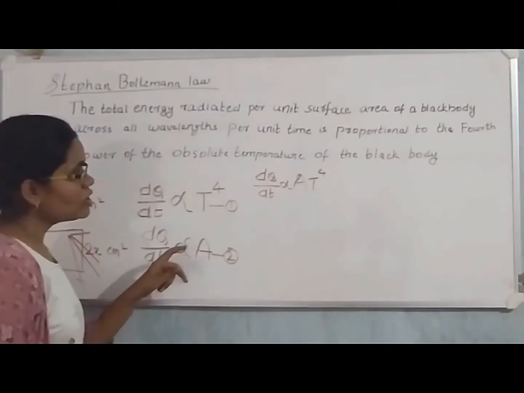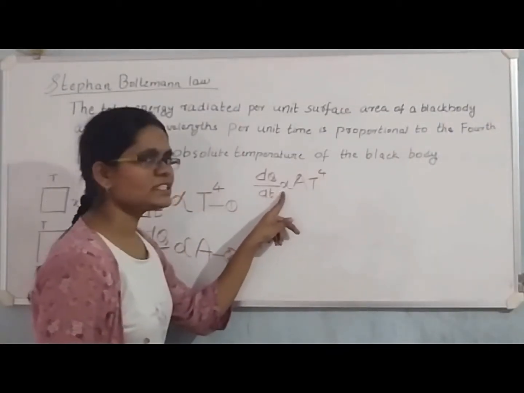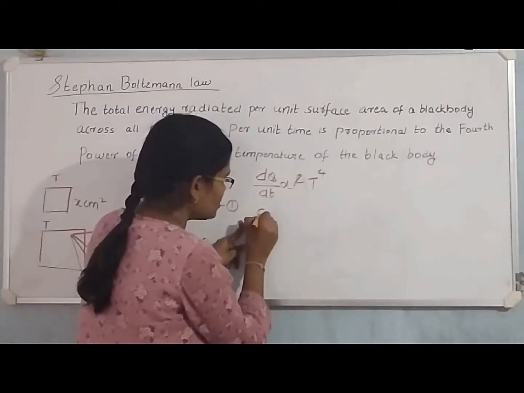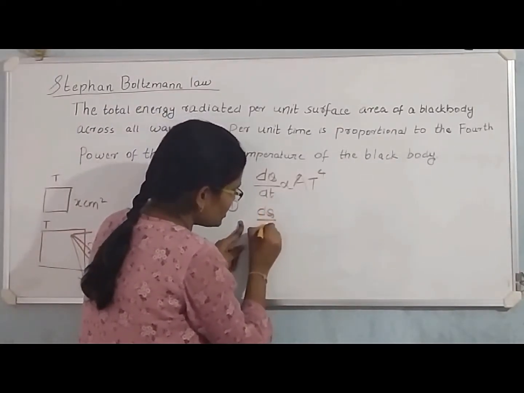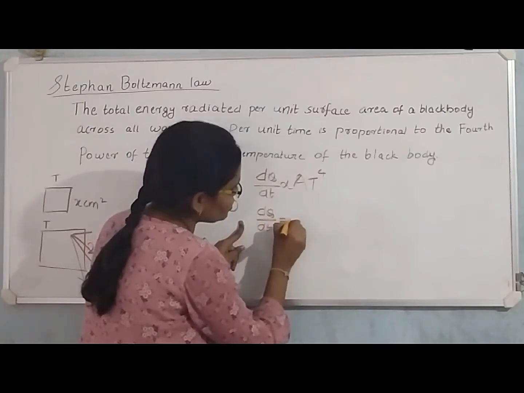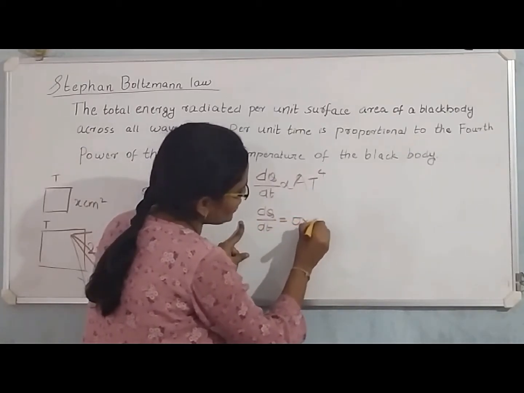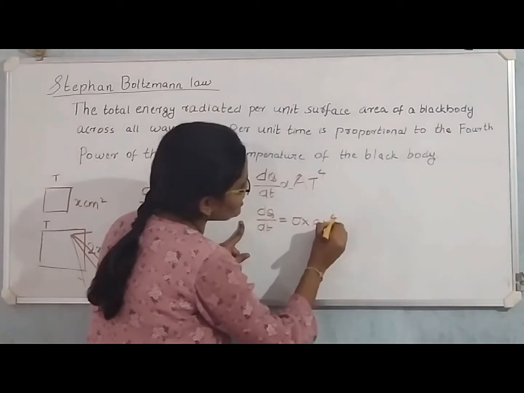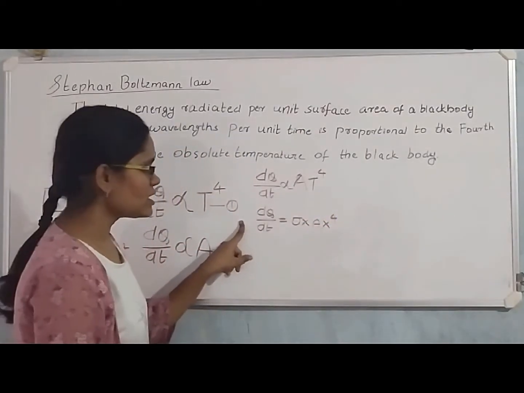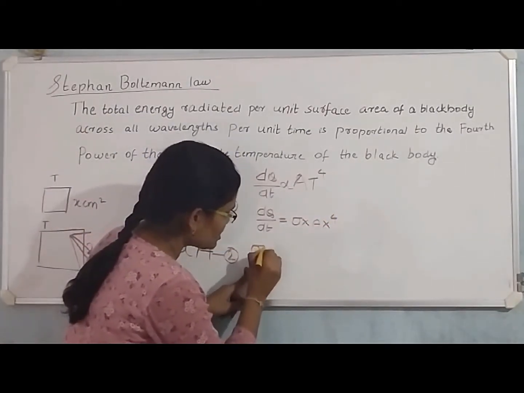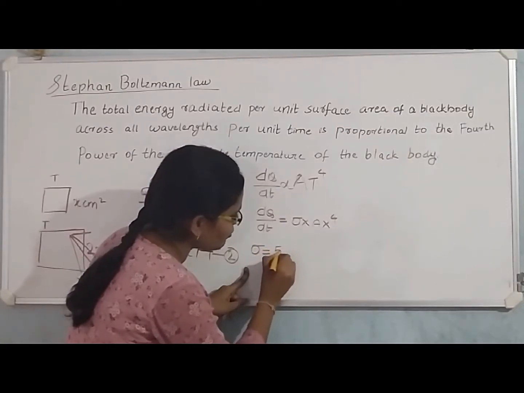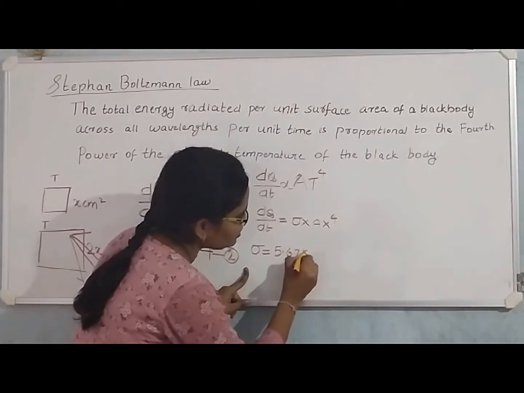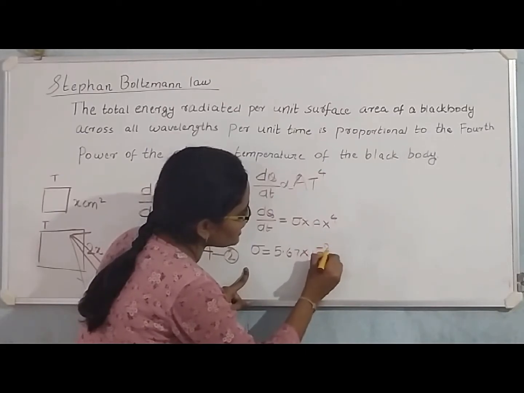When I remove the proportionality symbol, I get a constant: dq over dt is equal to sigma into A into T power 4, where sigma is Stefan's constant and it has the value sigma is equal to 5.67 into 10 power minus 8.